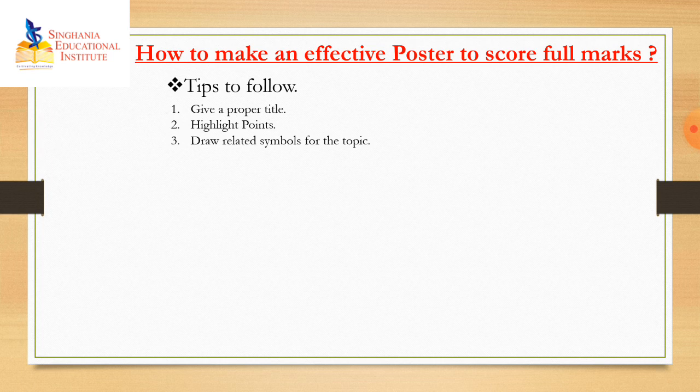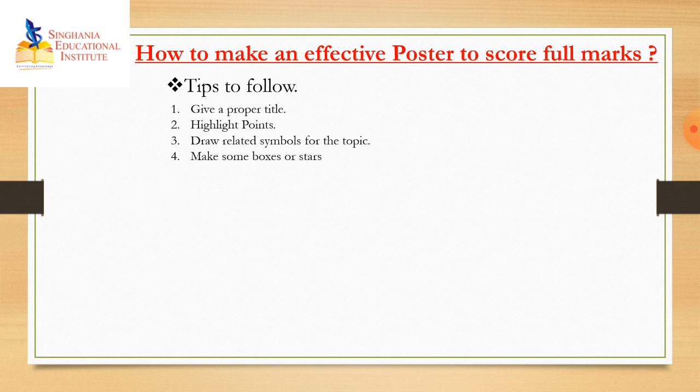Now the next step is to draw related symbols for the topic. Whatever topic you are having, you should make your poster decorative and creative by drawing simple symbols related to your topic. I'm sure if you draw this, definitely you will get good marks. Next is to make some boxes or stars.